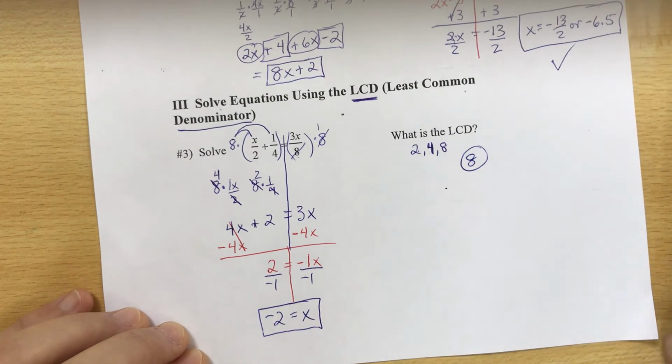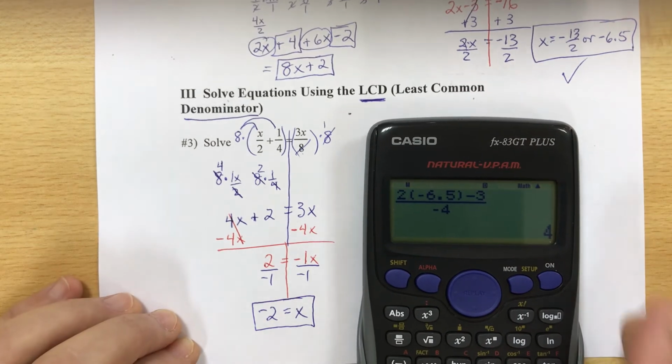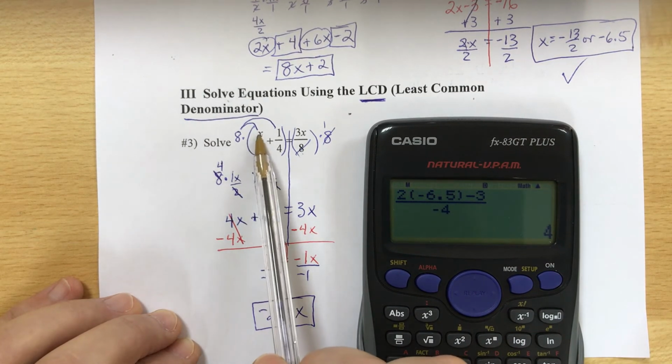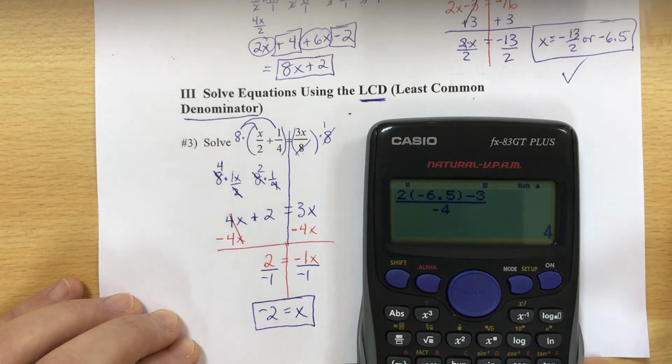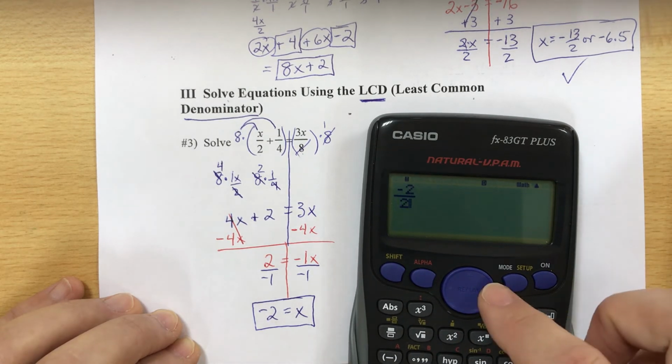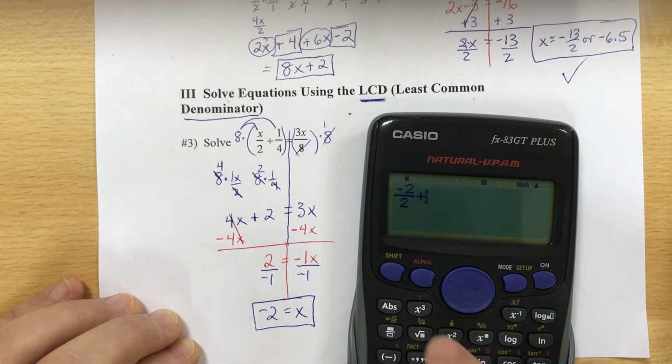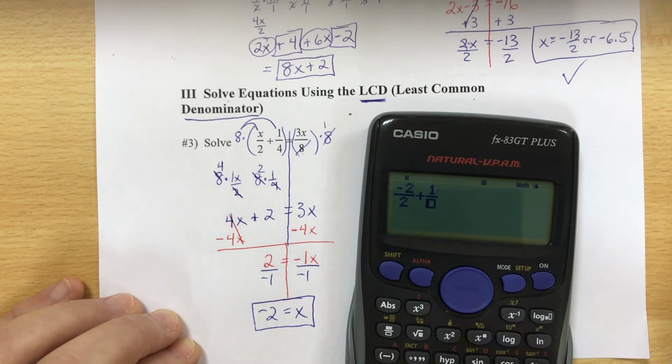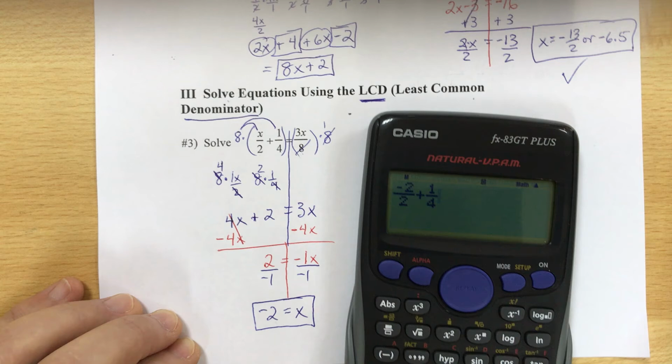Okay, now, is that the correct answer? Well, let's take negative 2. Now, the left side, I'm going to put negative 2 in here. So I'm going to do fraction, negative 2 divided by 2. And then to the right, I'm going to do plus another fraction. That's 1/4. And let's see what the value is.